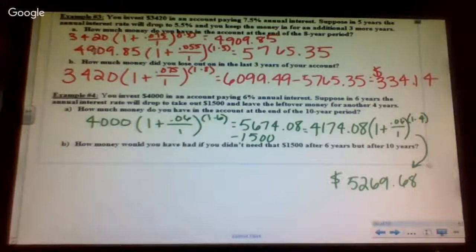Part B says, how much money would you have had if you did not take out that $1,500? Okay, so all we're doing is going back and using the original equation, except we just want straight up 10 years.